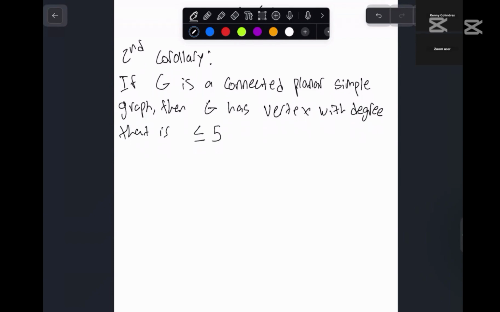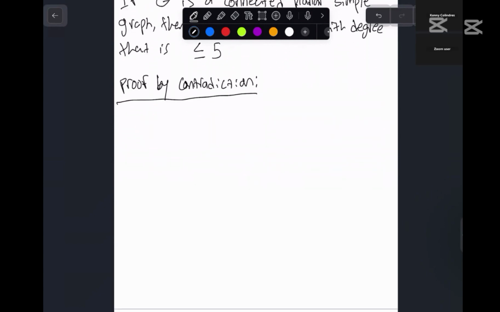So in order to prove this, what we're going to do is do a proof by contradiction. So for the proof by contradiction, we're just going to start by assuming that every vertex has degree of at least 6.